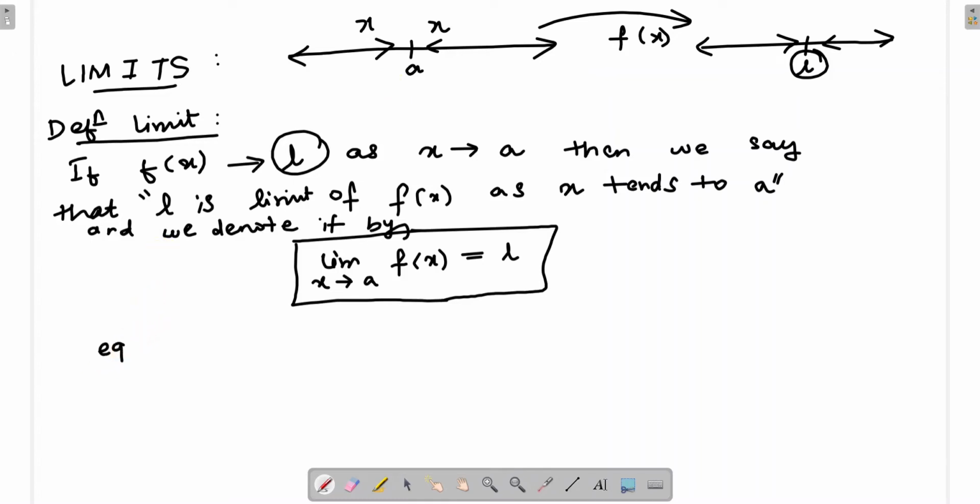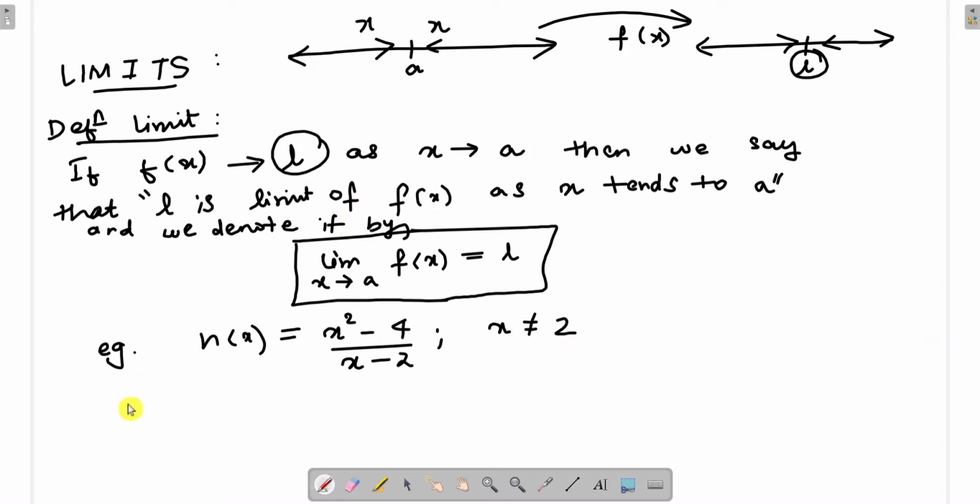We'll look at one example. Example: h(x) is equal to (x square minus 4) divided by (x minus 2), where x is not equal to 2.